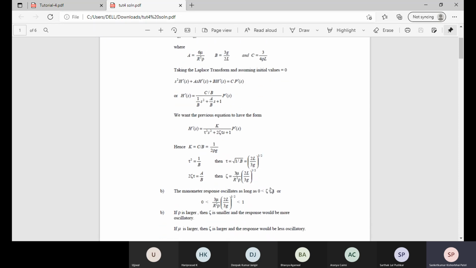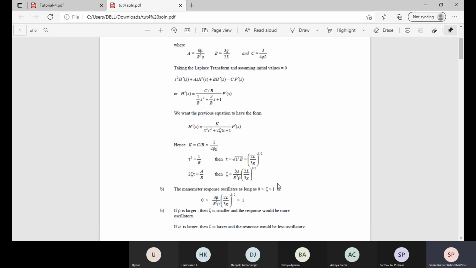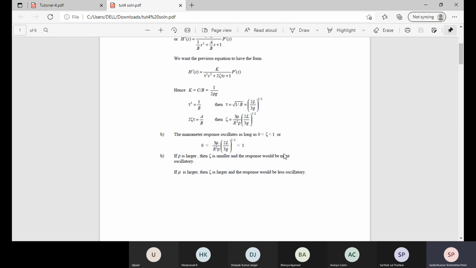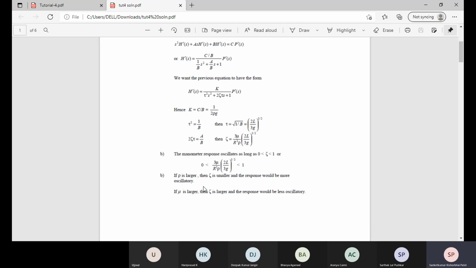And the response will oscillate only for the underdamped system. So for this value of zeta, the response will oscillate. And from the third part, what is the effect of density and viscosity?